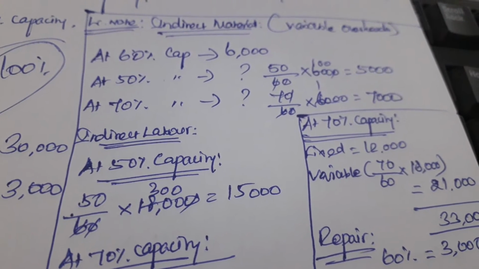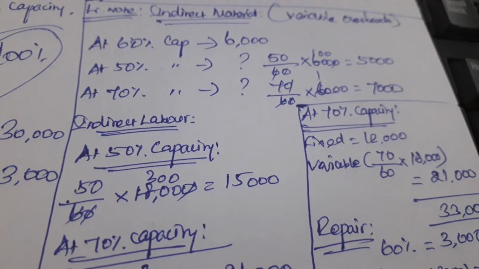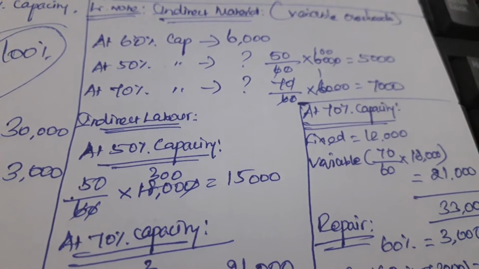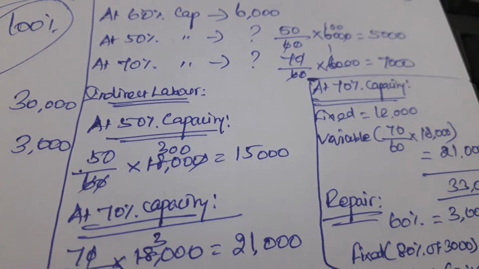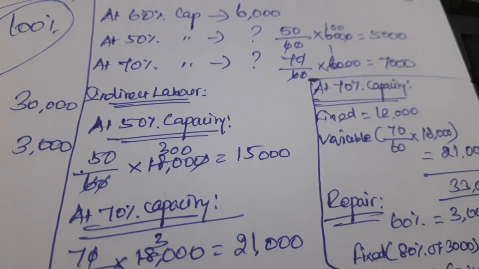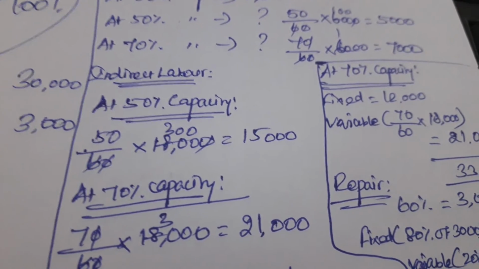Just apply these in the column. Next we calculate the indirect labor. For indirect labor at 60% capacity we got 18,000, as given in the problem.